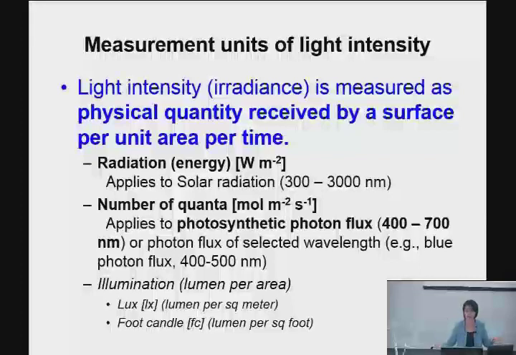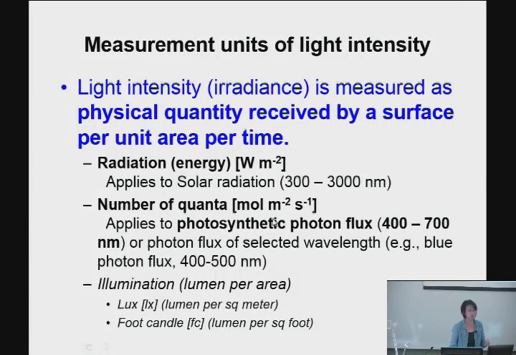That is 400 to 700, that range. Then this is a photon flux usable for photosynthesis. Here is new terminology for you: photosynthetic photon flux, abbreviated as PPF, and that is 400 to 700.